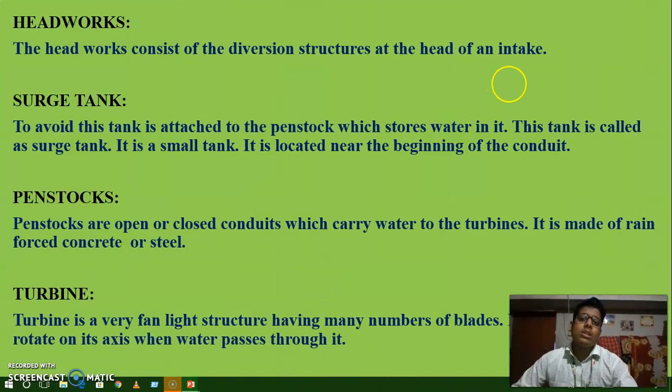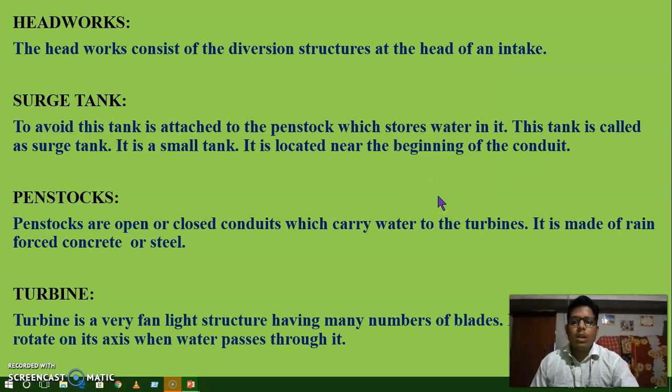And then the head works. The head works consist of the diversion structure at the head of an intake. And the surge tank. The surge tank is attached to the penstock and stores water in it, and it is called a surge tank. It is a small tank located near the beginning of the conduit.